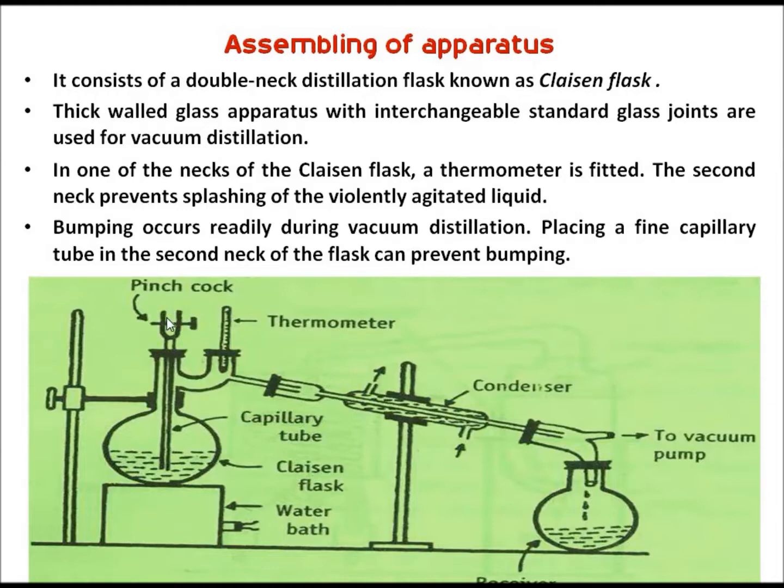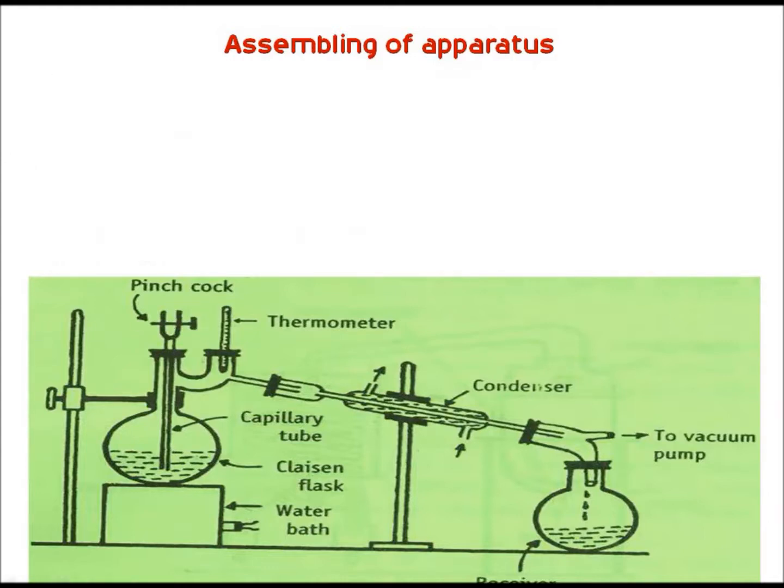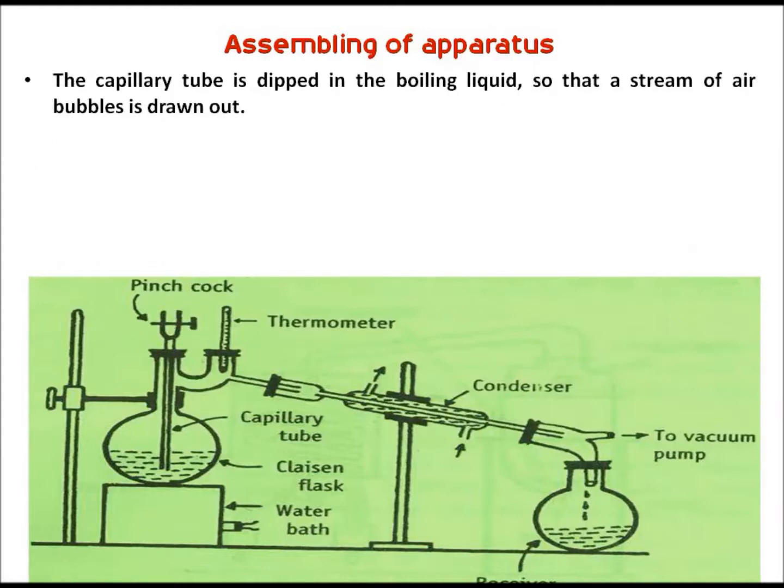The air will escape out this way, right? The capillary tube which is dipped in this boiling liquid is arranged in such a way that the air bubbles can be drawn out via this capillary tube. Now the water or the oil bath can be used.